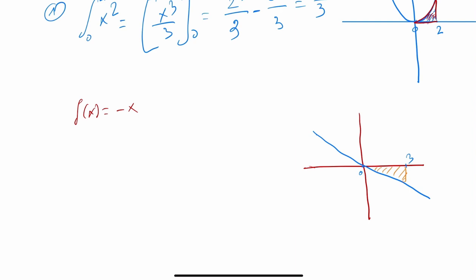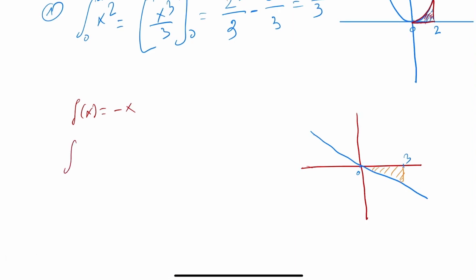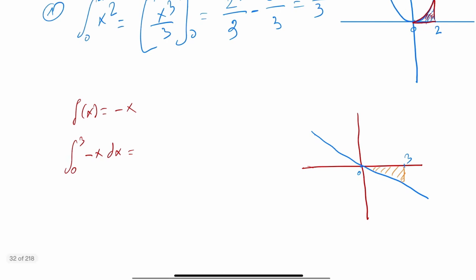So let's do that. The integral from 0 to 3 of our function minus x dx is equal to, we said plus 1, so minus x to the power of 2 divided by 2 from 0 to 3, which will give us minus 9 over 2 minus 0 over 2, which is minus 9 over 2.